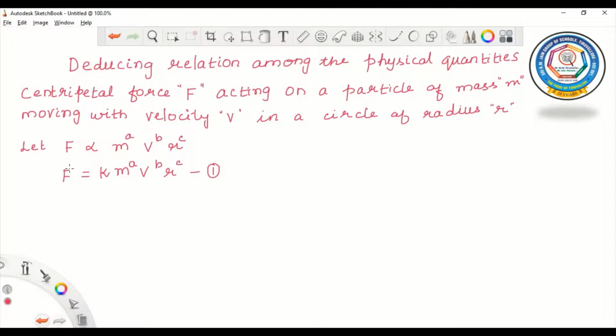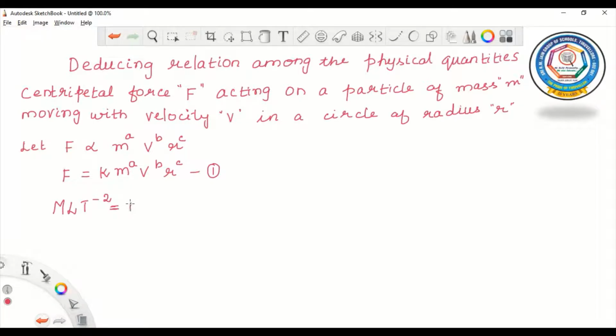So the dimension of force. What is the dimension of force? That is F is equal to ma. Are you all familiar with that? So mass times acceleration, that is M L T power minus 2, is equal to, and we are going to assume this constant k as 1. If the constant k value is not given, you just write it as k alone, no problem.